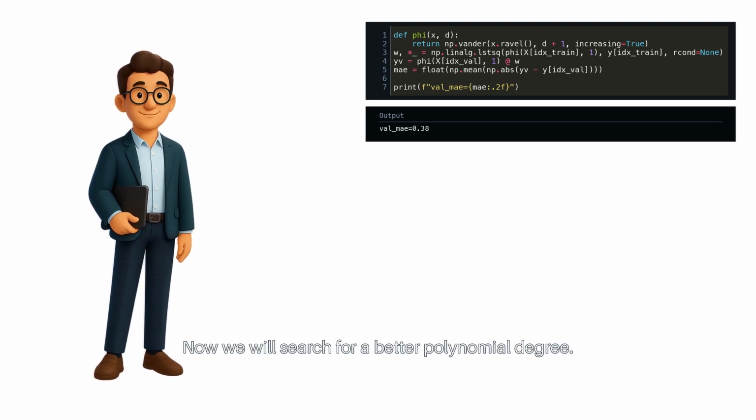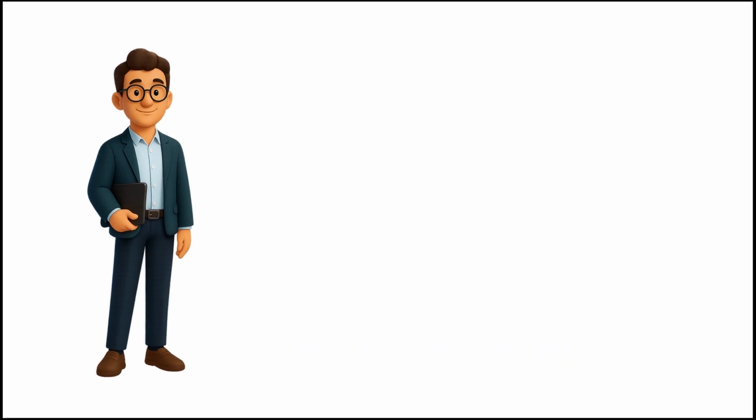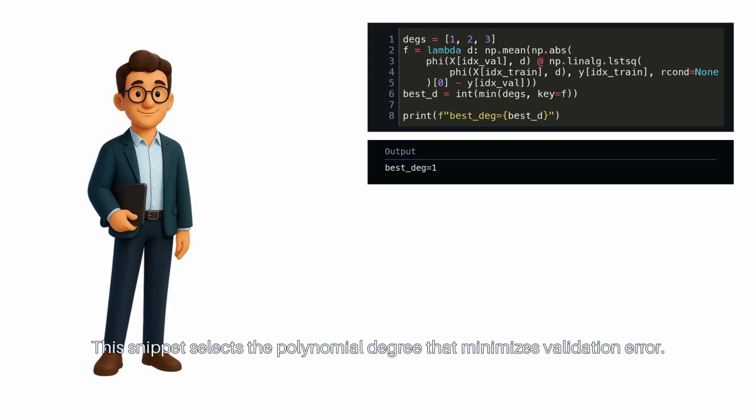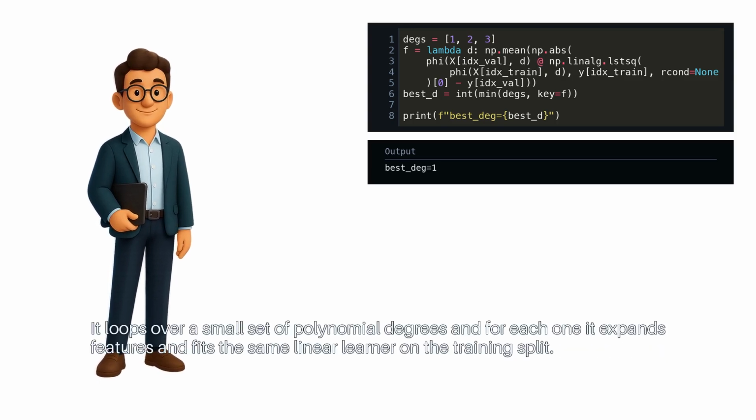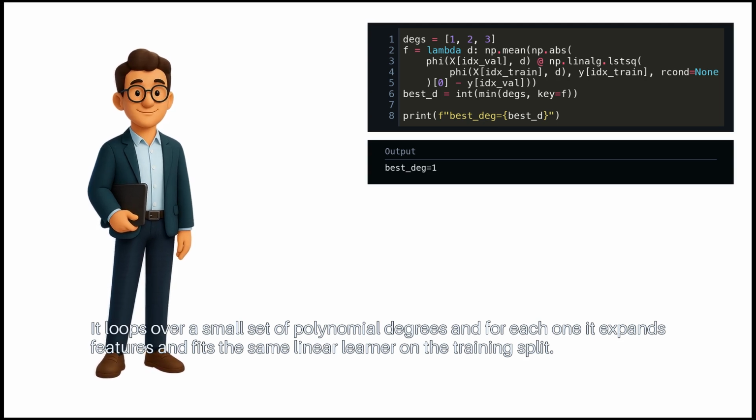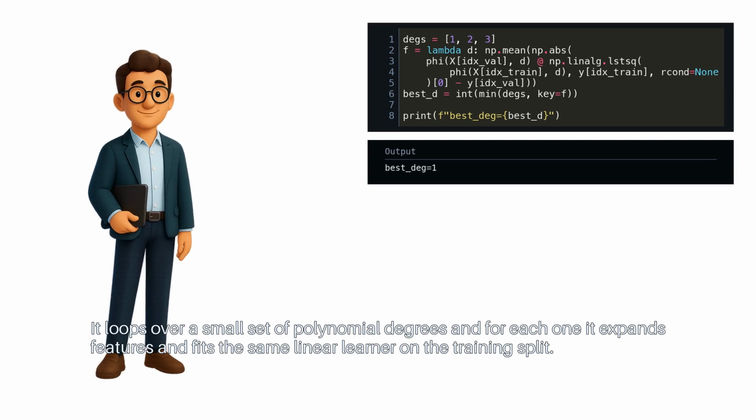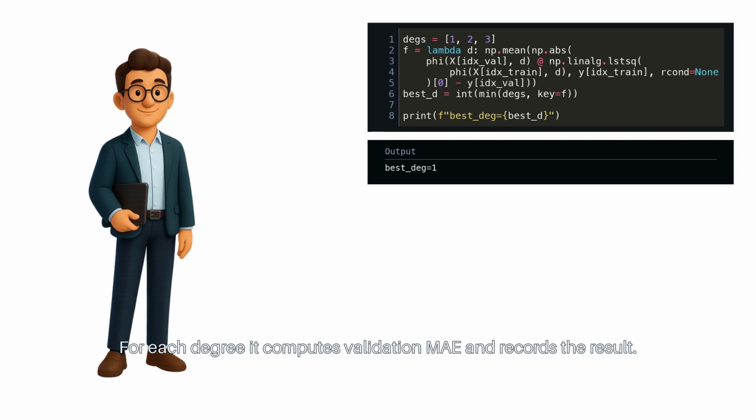Now we will search for a better polynomial degree. This snippet selects the polynomial degree that minimizes validation error. It loops over a small set of polynomial degrees, and for each one, it expands features and fits the same linear learner on the training split. For each degree, it computes validation MAE and records the result.